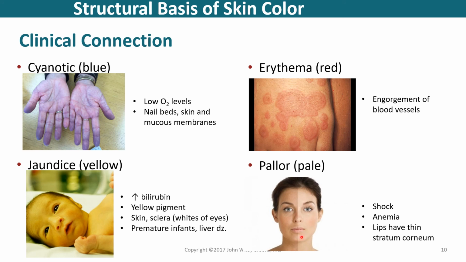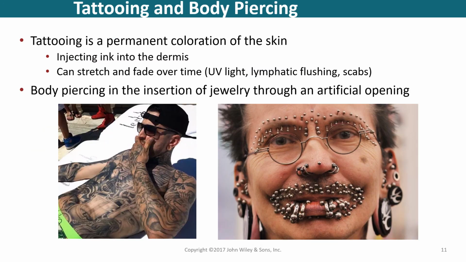So if you redirect that, you're going to look a lot more pale. Also, patients that have anemia, which is a lack of hemoglobin or some of those red blood cells. And we can also see that this is going to have an effect on the lips, where they have a very thin stratum corneum. We'll finish this section with just a quick comment on tattoos and body piercing.